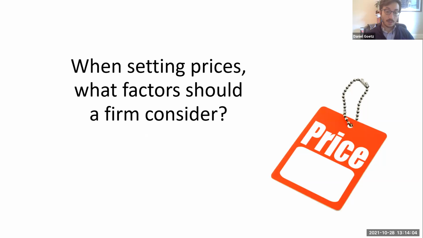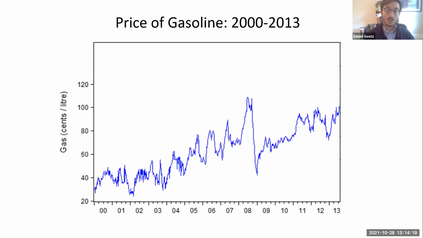Let's start off. I'll ask you guys, when setting prices, what factors should a firm consider? What's important when you're trying to pick that price? Let's answer this question by looking at a few examples. Here we have the price of gasoline from 2000 to 2013 in Vancouver, okay?